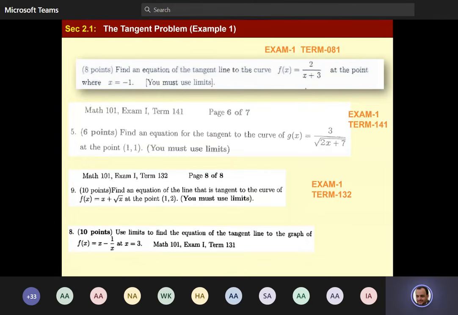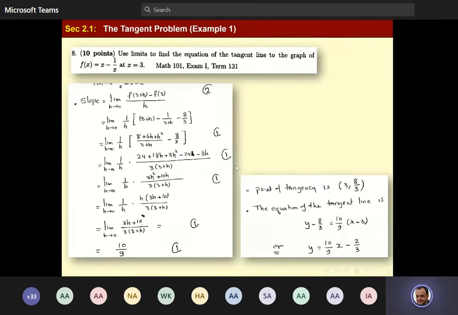Wait until we finish 2.2 and 2.3, and after that you will be able to deal with limits. Like here, this question you cannot solve in 2.1. So the idea of 2.1 is up to here, just up to here.